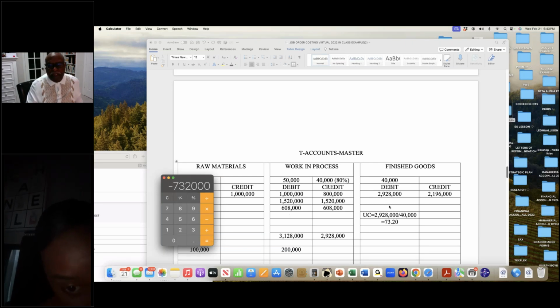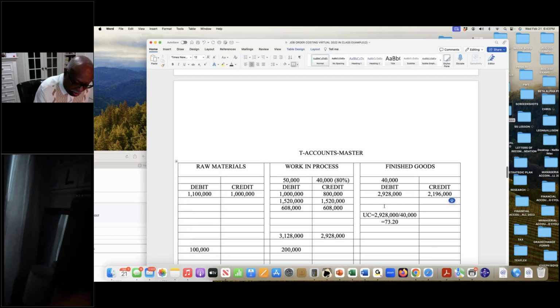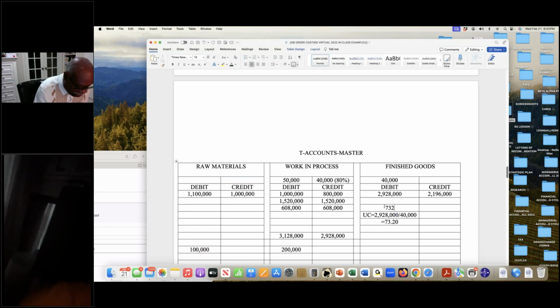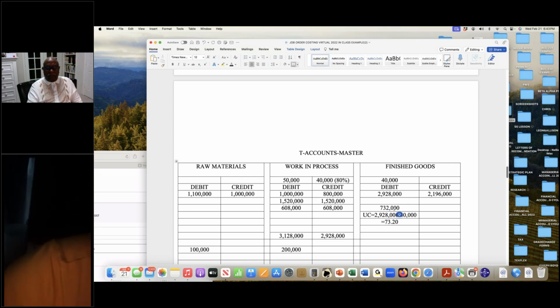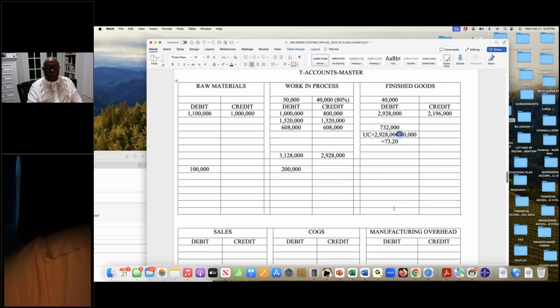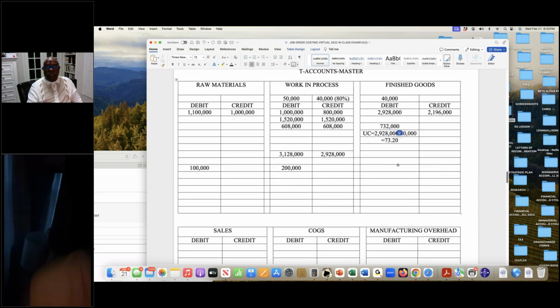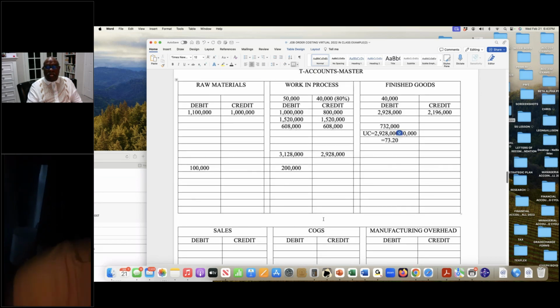So we have 732,000 left in finished goods. And so we're going to come in the cost of goods sold and put the 2,196,000.